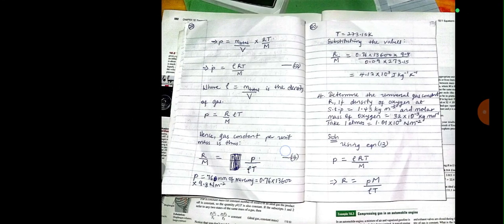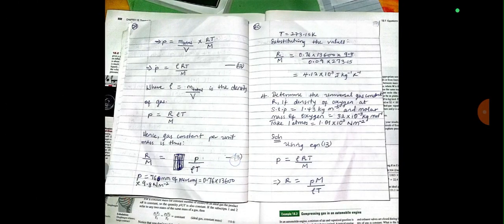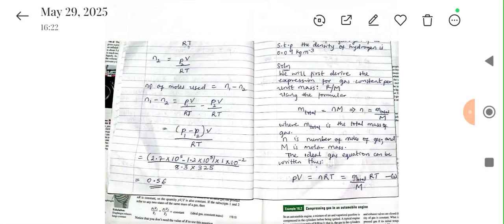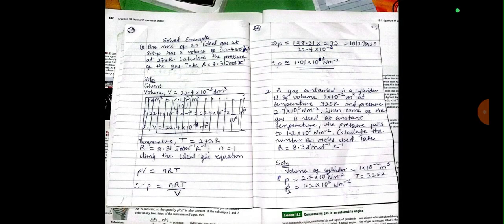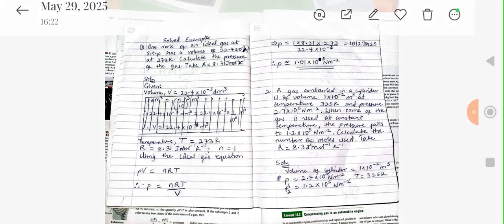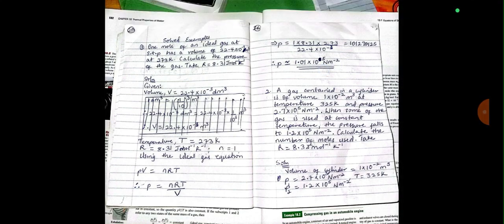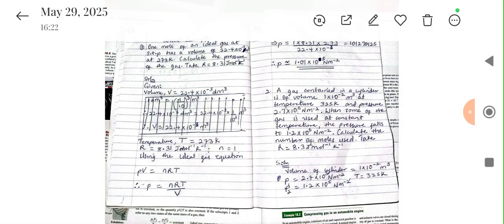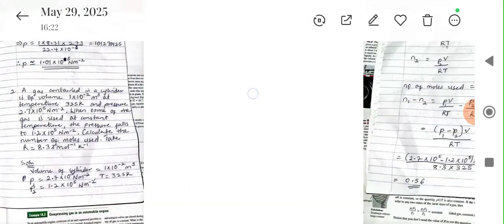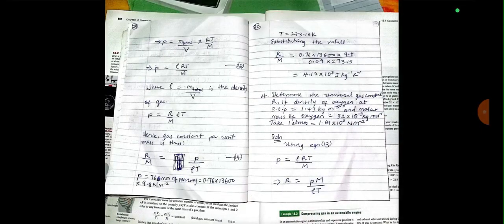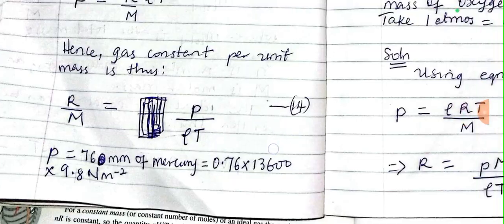Or you can just use the value for it. 0.76 times this is just the value we got here for pressure. If you multiply those things out, this is what you get. So if you cannot remember those, you can just use this value for standard pressure, 1.01 times 10 raised to 5. All these products give you that.